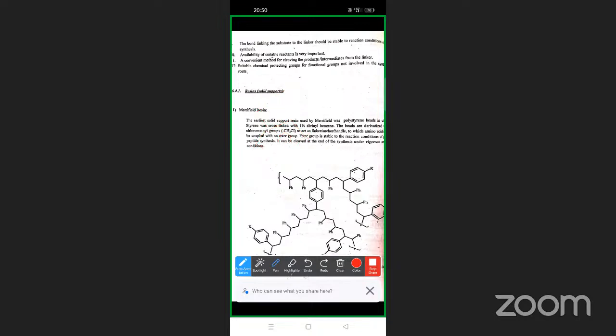And styrene is this one. It is going to cross link with this benzene here, and we get this kind of polymeric structure.